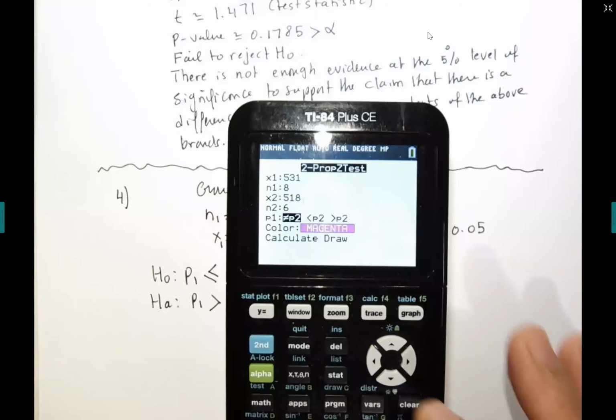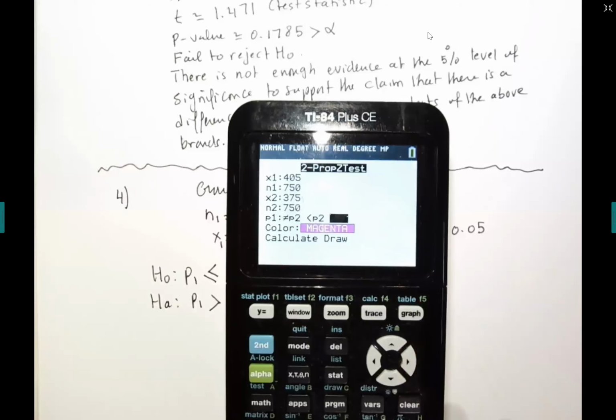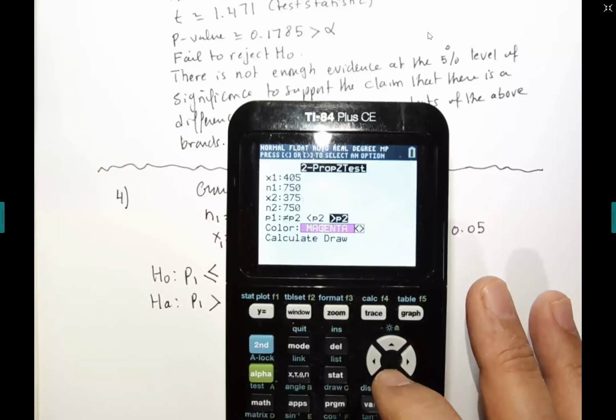Okay, X1 is 405. N1, 750. Remember, X1 is always smaller than N1. X2, 375. N2, 750 again. We need to check that P1 is bigger than P2, guys. And then hit calculate.